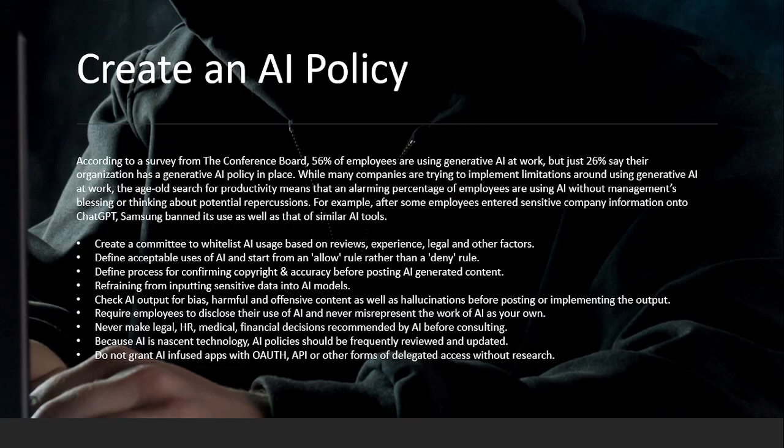Do not grant AI-infused apps open authentication, APIs, or other forms of delegated access without research and without getting approval by the committee. So as we know from some of our prior videos, open authentication or APIs are ways for two systems to interact with each other. So if you have an app, for example, that's an AI, you can grant that app access to your mailbox to read your email.